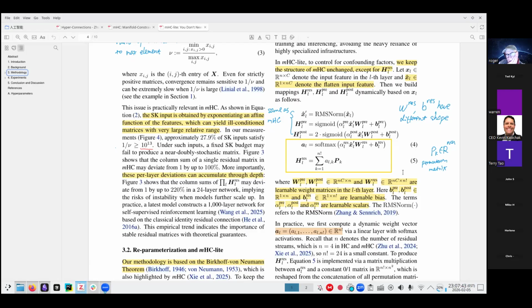Not sure if I stated that clearly, but the idea is you don't have to do those iterations, you can just sum up certain matrices to get the same property.